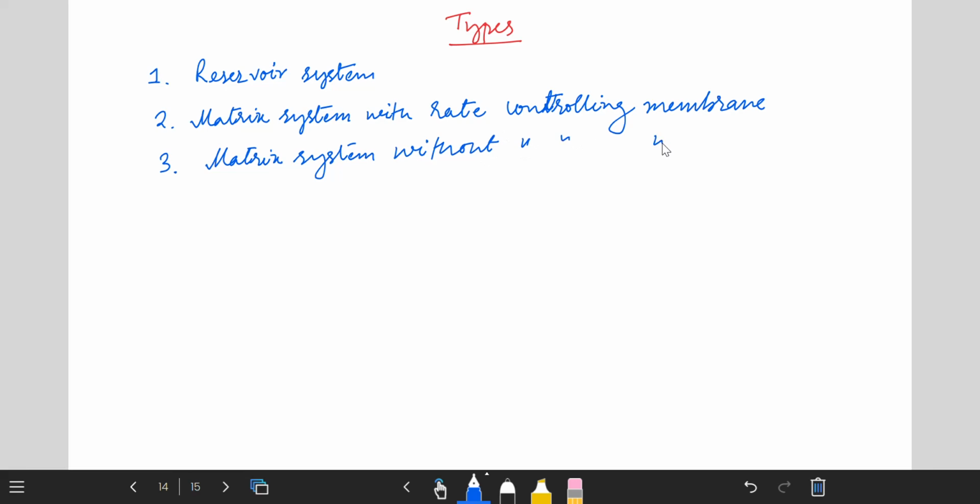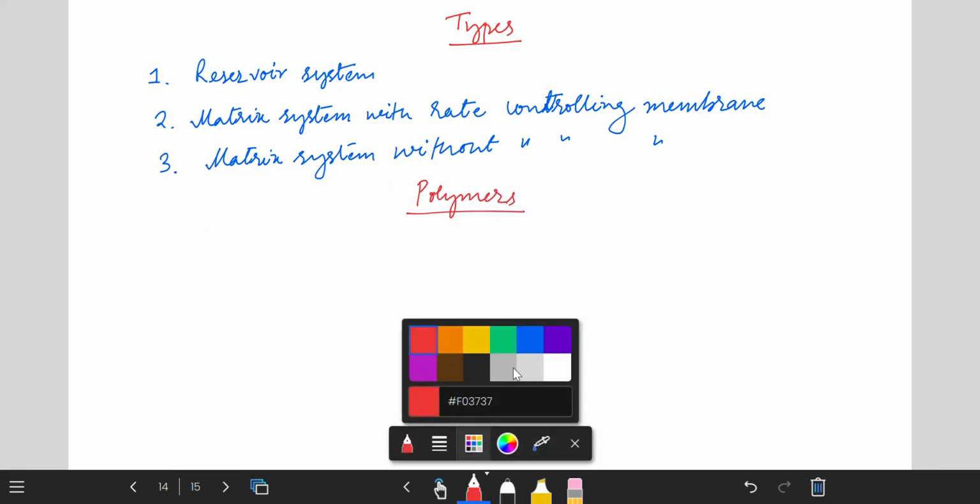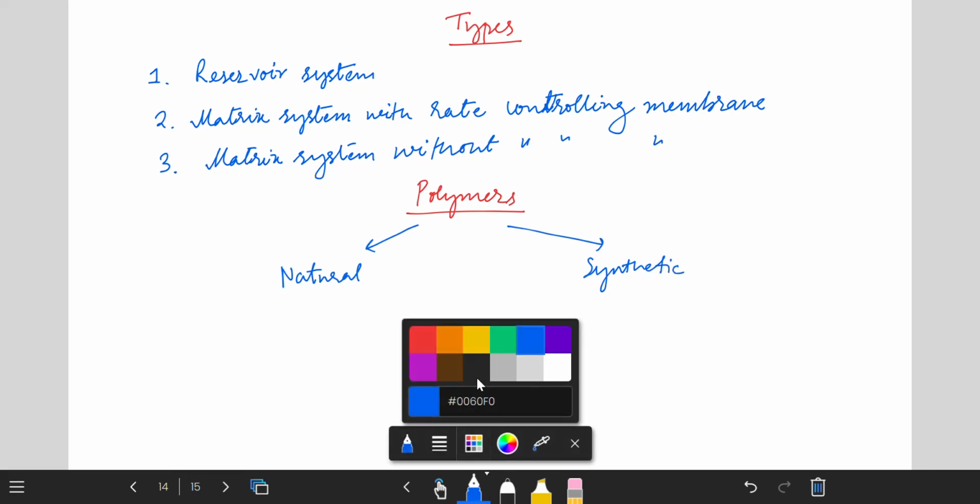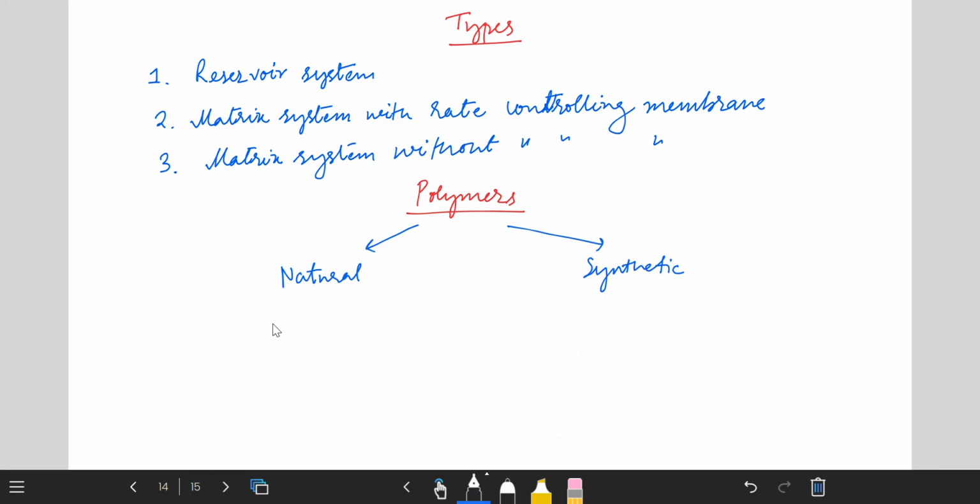Now, what are the polymers used for matrix system? Polymers mainly used are two types. One is natural and second one is synthetic. So, which type of natural polymers are used? That are cellulose, gelatin and others.